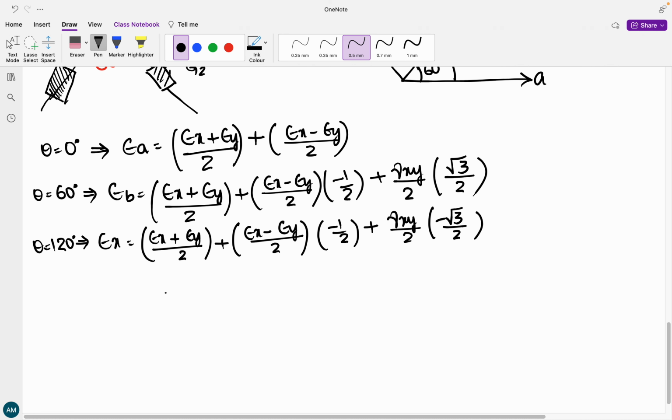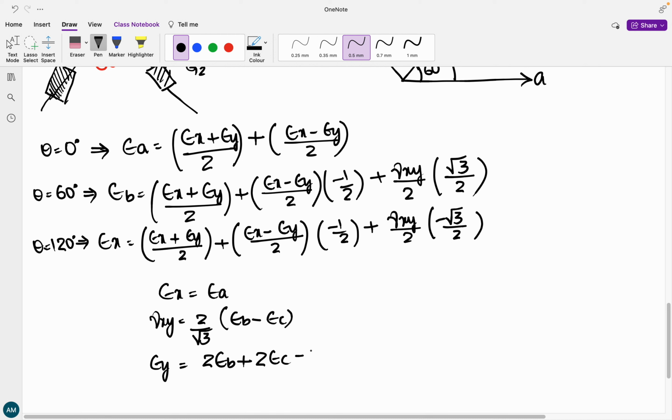Okay, or I can write epsilon x is epsilon a, gamma xy as 2 by root 3 times epsilon b minus epsilon c, or epsilon y can be written as 2 times epsilon b plus 2 times epsilon c minus epsilon a, the whole divided by 3.